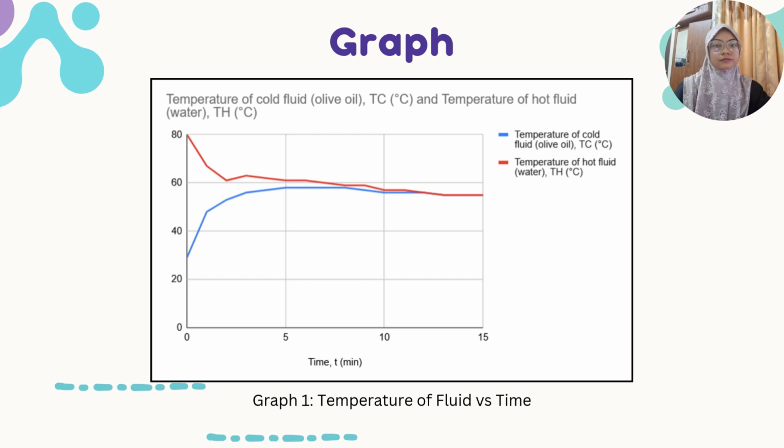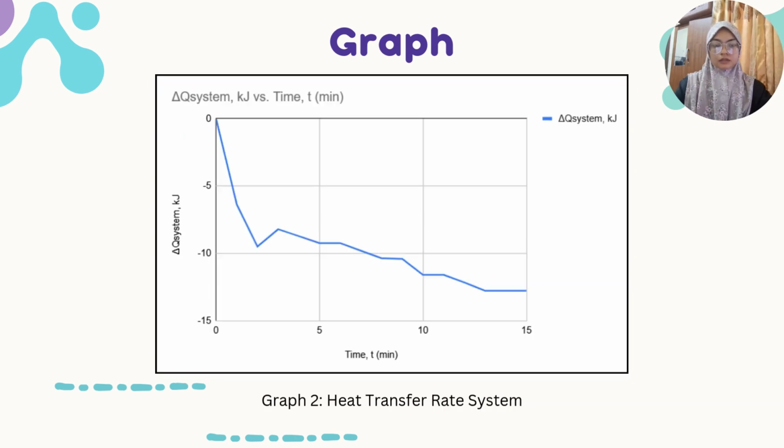Here is the graph for the temperature of fluid versus time, which the red line is the hot fluid water and the blue line is the cold fluid olive oil, and it matched at the end, which shows the equilibrium temperature reached. And the last one is the graph 2, which is the graph of heat transfer rate system, and as you can see here, the Q system in the graph is decreasing per time.